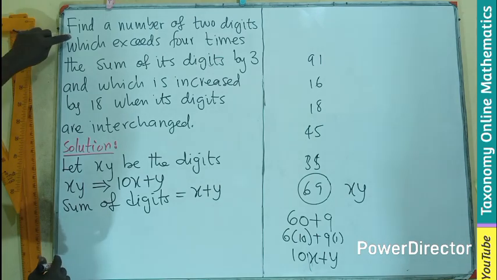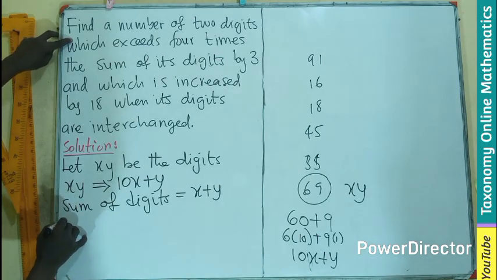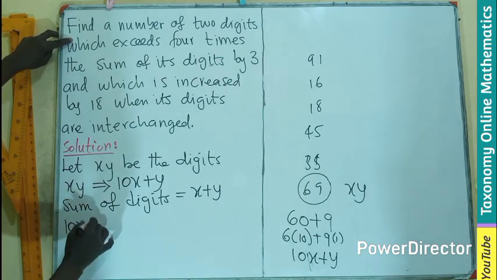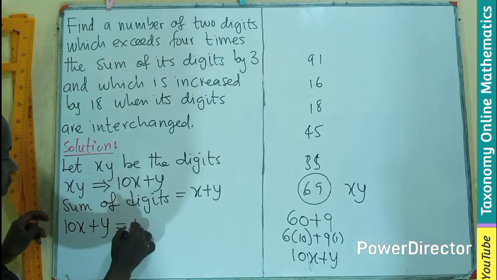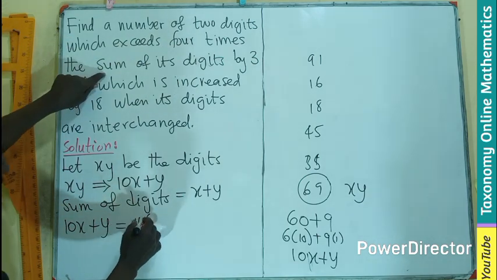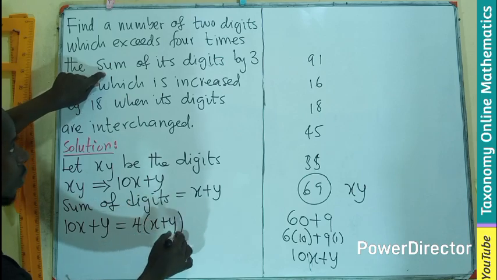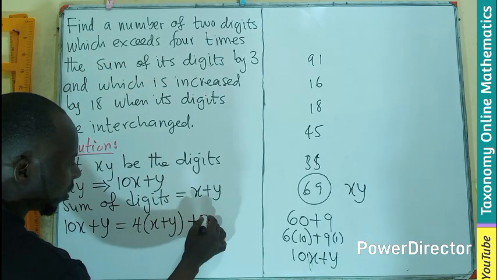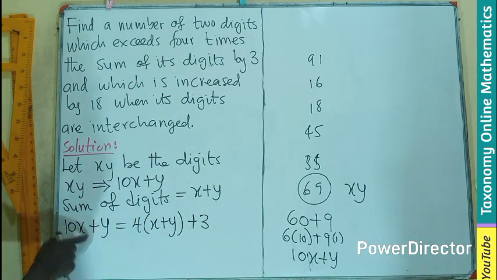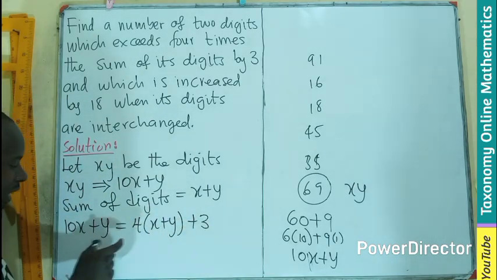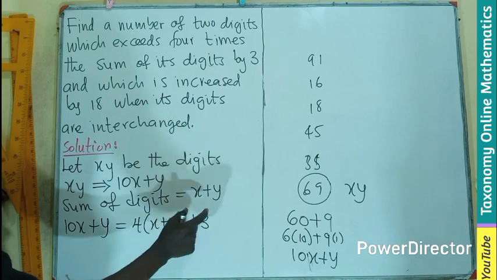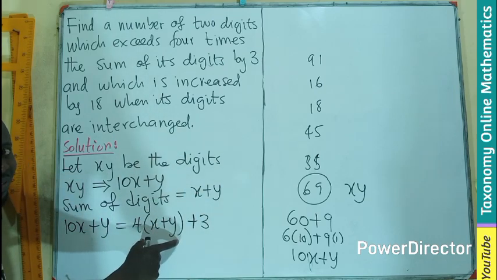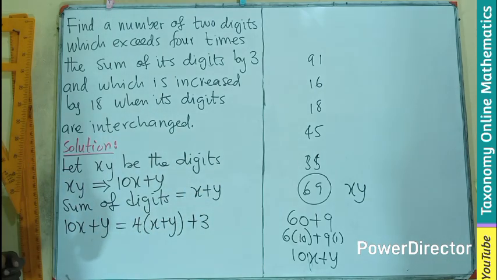So the number we are looking for, 10x plus y, is equal to 4 times the sum of the digits plus 3. This number exceeds that by 3. Meaning, if you take away 3 from the number, you get 4 times the sum of the digits, or when you add 3 to 4 times the sum of the digits, you come back to the number itself. So let's expand and see.